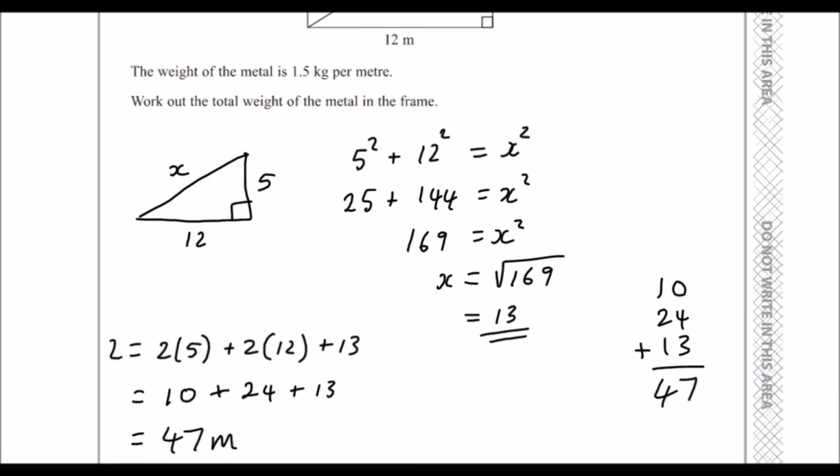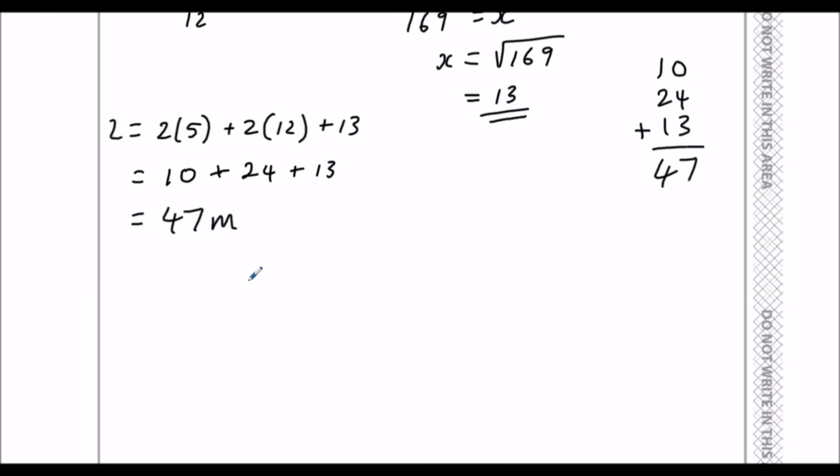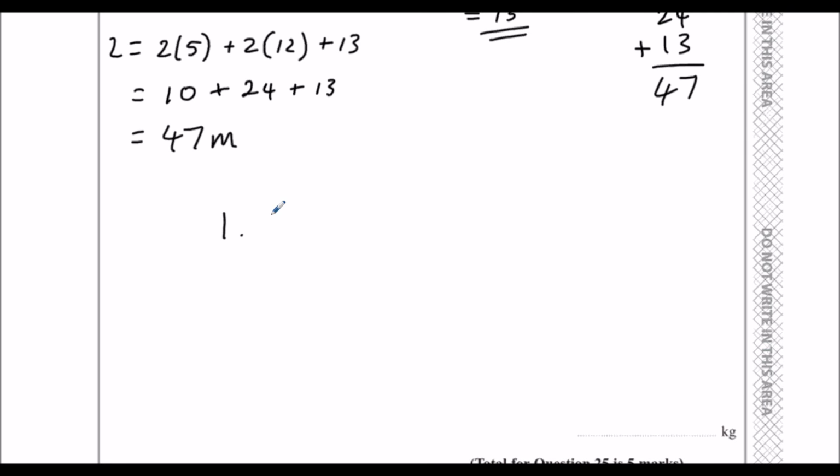And the weight is 1.5 kilograms per meter. So we need to do 1.5 times 47. Half of 47 is 23.5.